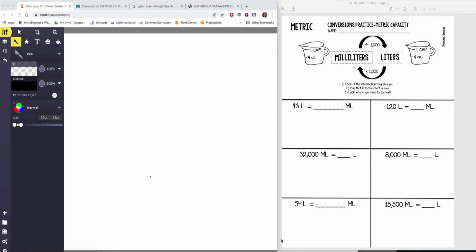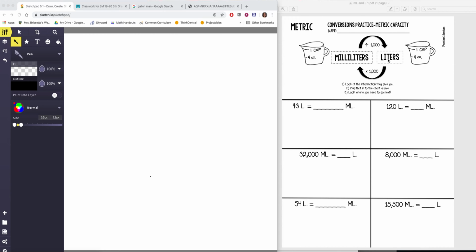Today we're talking about volume and capacity, but instead of the customary units of measure, we're in the metric system, which is what most of the rest of the world uses. And if you notice, we've got two conversions, and they're pretty simple: multiplying and dividing by 1,000, because there are 1,000 milliliters in 1 liter.